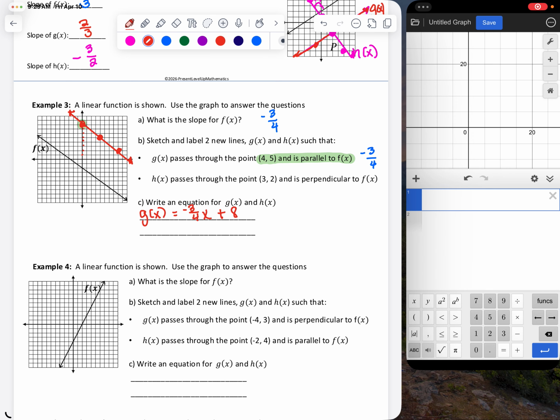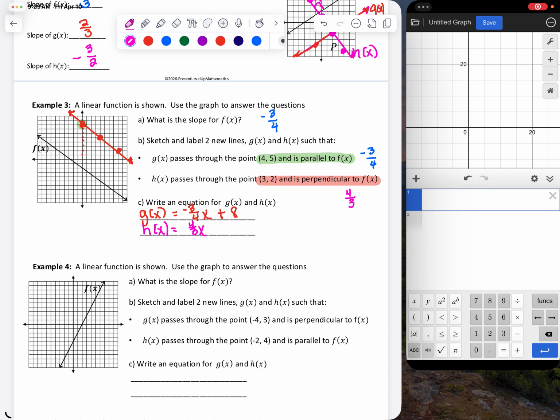Okay. Now let me grab a different color of pen. I'm going to use pink. This time I want my point to start at (3, 2), and I want it to be perpendicular. So if it's perpendicular, the slope must be positive 4 over 3, the opposite reciprocal. So I know the equation for h of x is going to be positive 4 over 3x plus something or minus something.